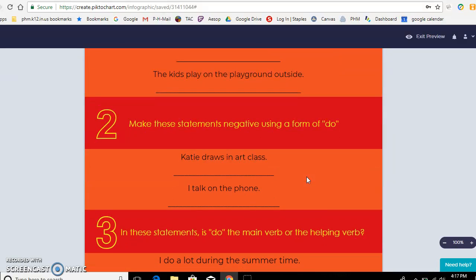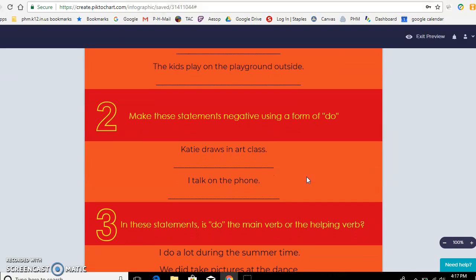My second set of questions says make these statements negative using a form of do. So instead of Katie draws in art, Katie does not draw in art. And instead of I talk on the phone, I don't, or I do not talk on the phone. So at this point, they could be practicing using, in this particular example, Katie draws in art class.